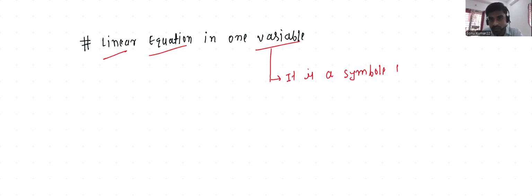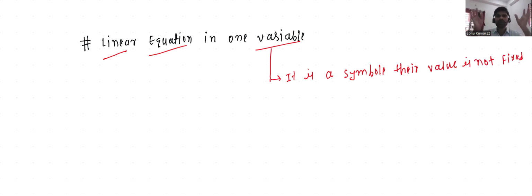Their value is not fixed. For example, X, Y, or Z. These are the variables.